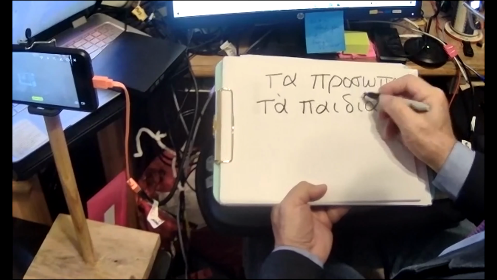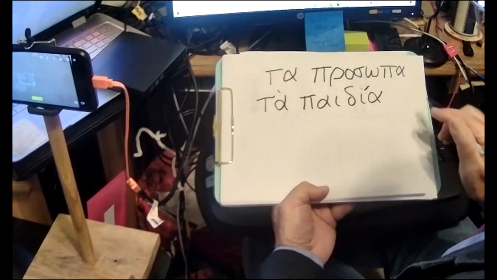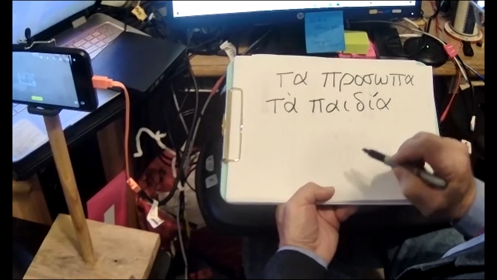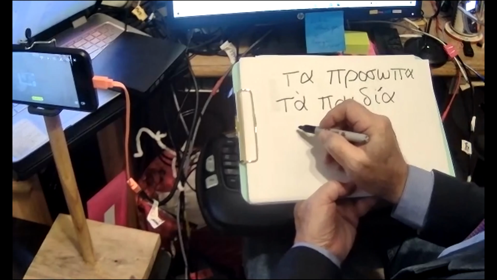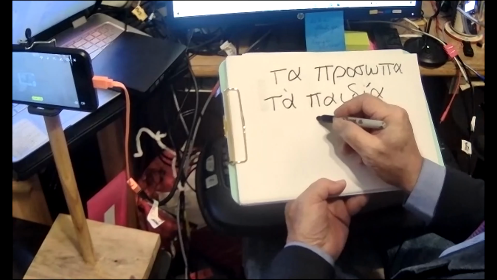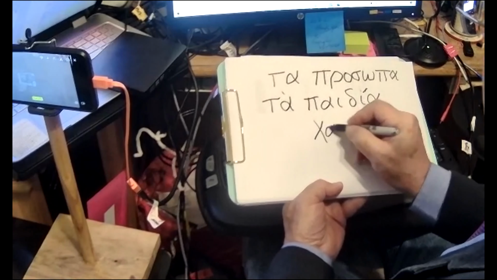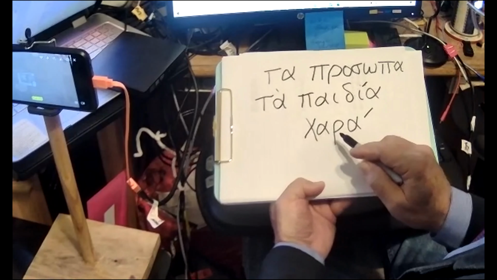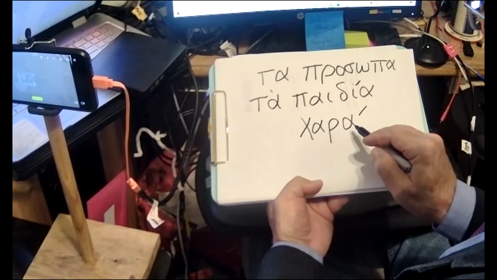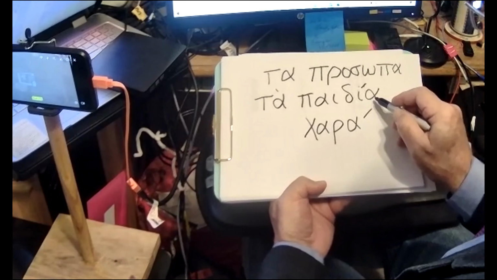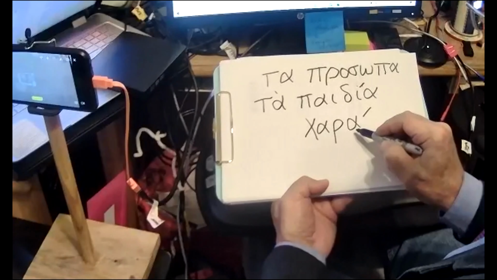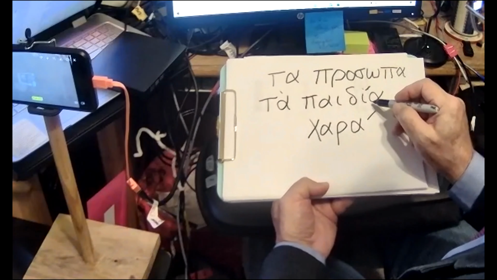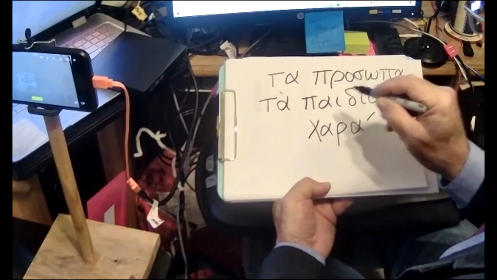Now, you have to be careful here that you don't get this alpha ending confused with a word like chara, the new word that we are learning, joy. This is not a neuter plural. This is a feminine singular. First declension feminine, second declension neuter.